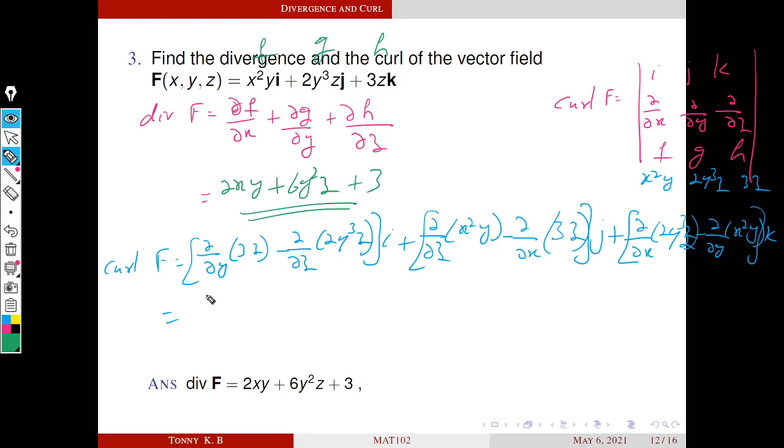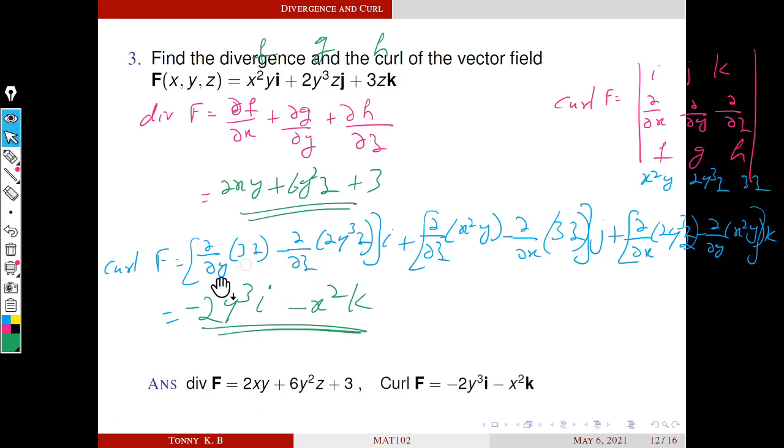Upon simplification, this is equal to −2y³ i − x² k. So the curl of f is −2y³ i − x² k. This is a very simple process to evaluate the divergence and curl of a function if it is given.